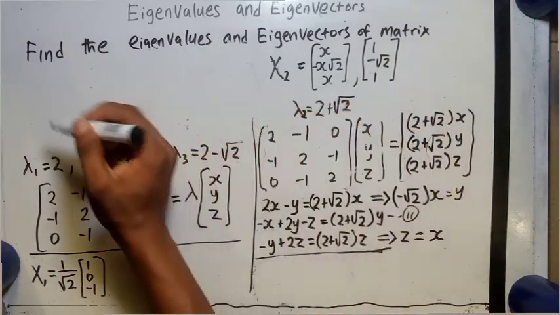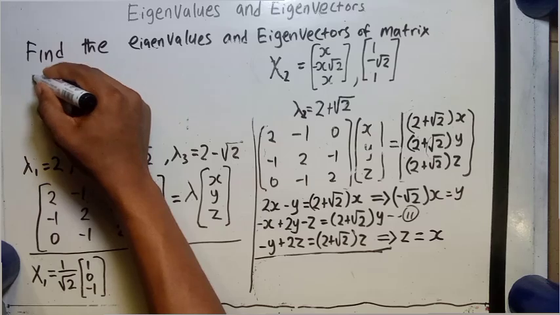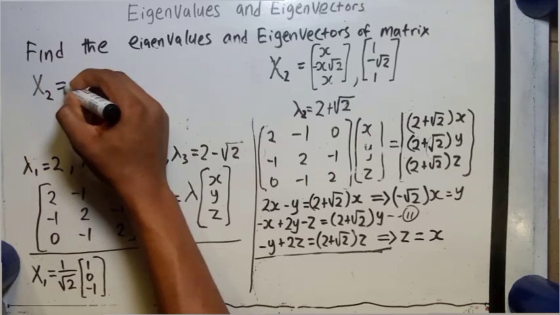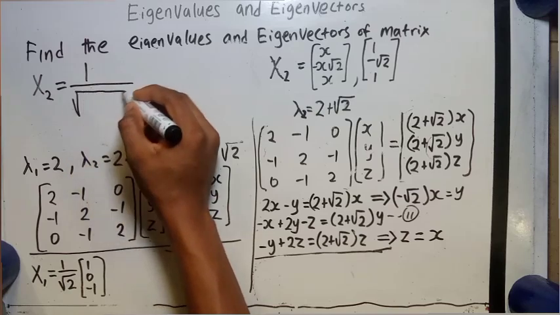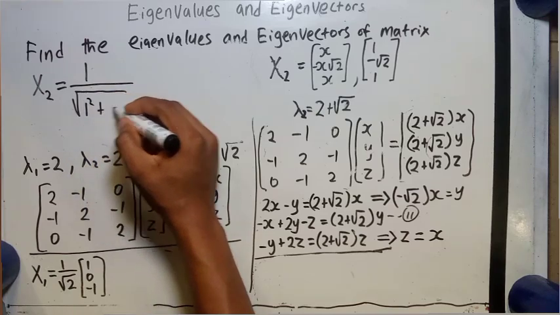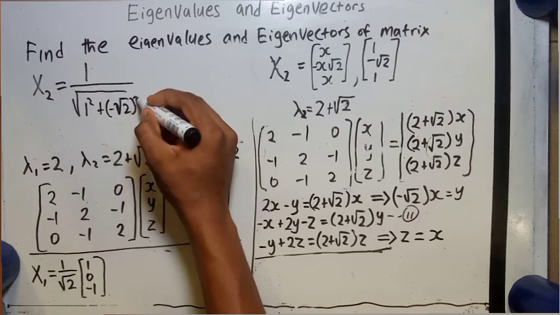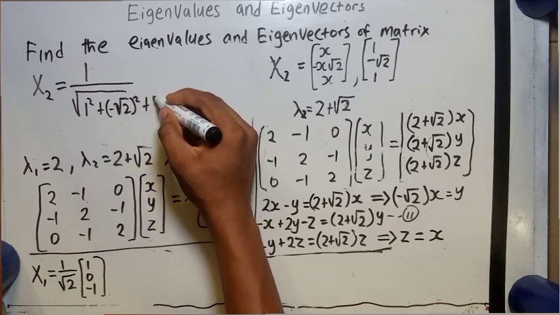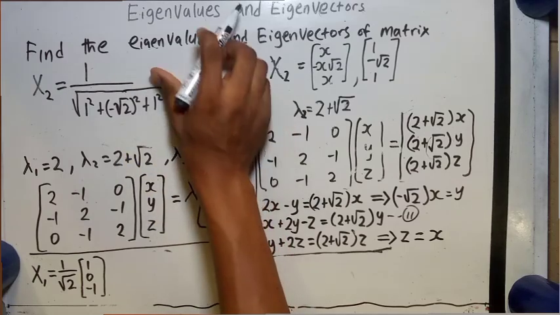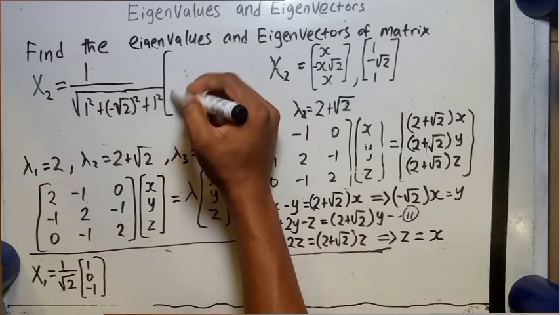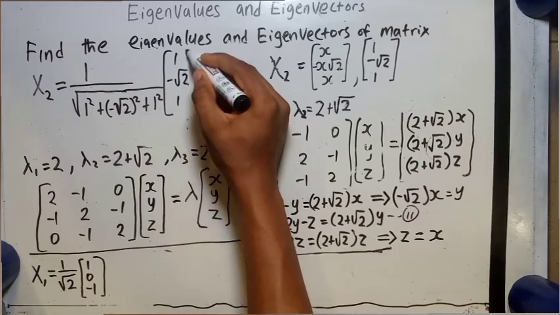This is what I got. And when you normalize it, you have that your x2 is going to be 1 over the square root of 1 squared plus minus root 2 squared plus 1 squared, all multiplied by your matrix 1 minus root 2 1.